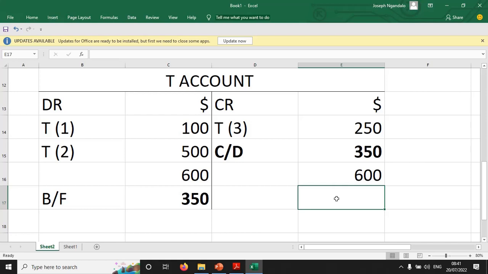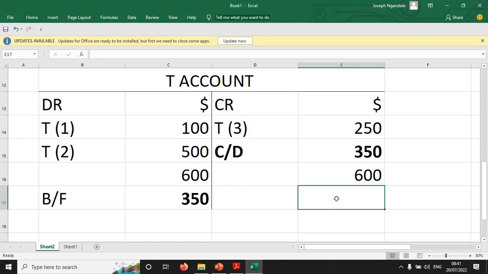On the debit side, we initially had 600, but on the credit side, 250. Now repeat. When we open this account next time, this account will be 350 debit. And that's the reason why the 350 is on the other side.